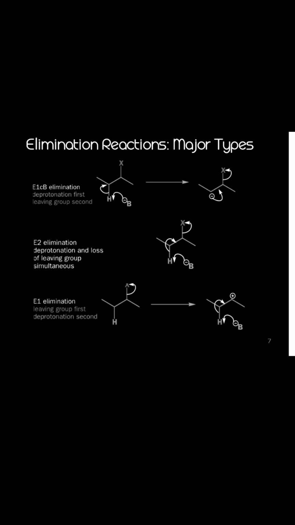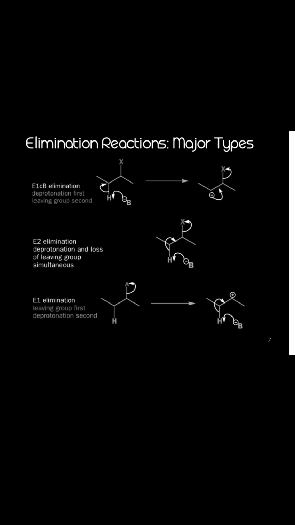Here the deprotonation and the loss of the leaving group happen simultaneously, and this is called E2 elimination. And look at the last step, in which the leaving group leaves first and then deprotonation is second. This is called E1 elimination. These are the major types of elimination reaction.